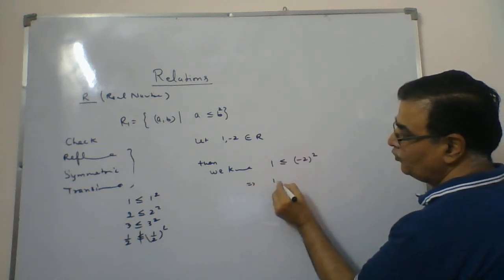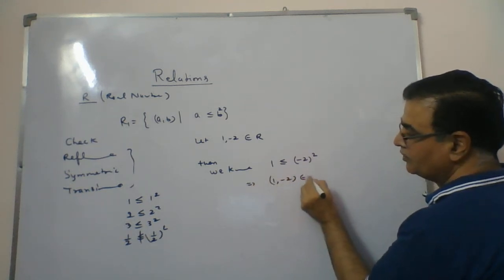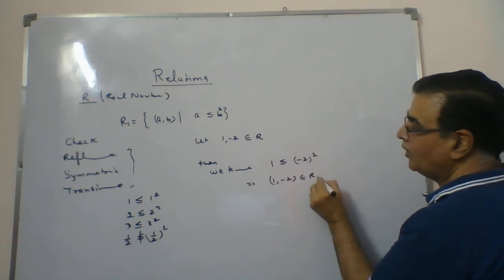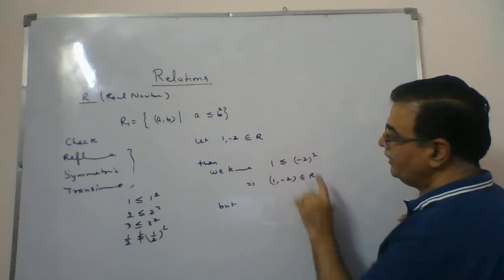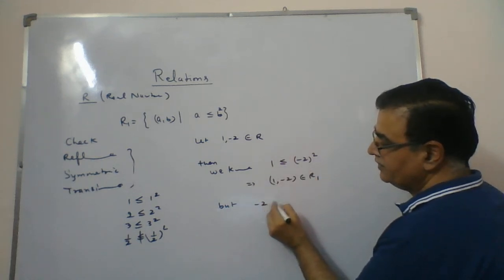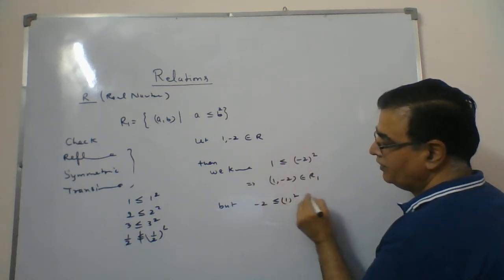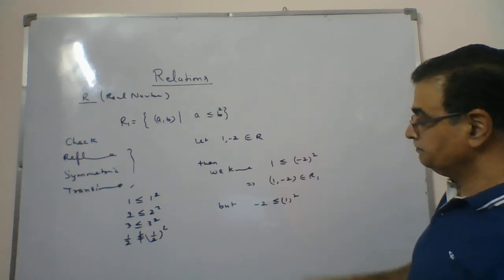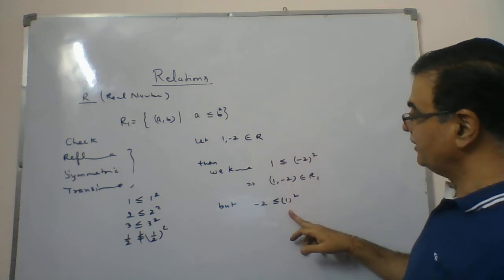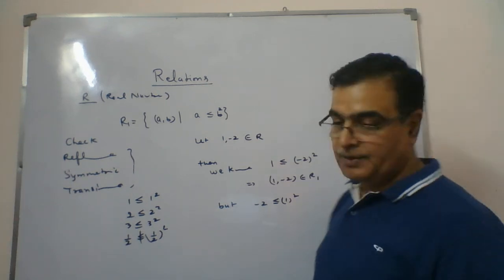What does it mean? (1, minus 2) belongs to R1. But when you take minus 2 on this side and 1 square on the other, is it valid? Minus 2 is less than 1 square. Yes, it is valid. So something wrong we are doing.